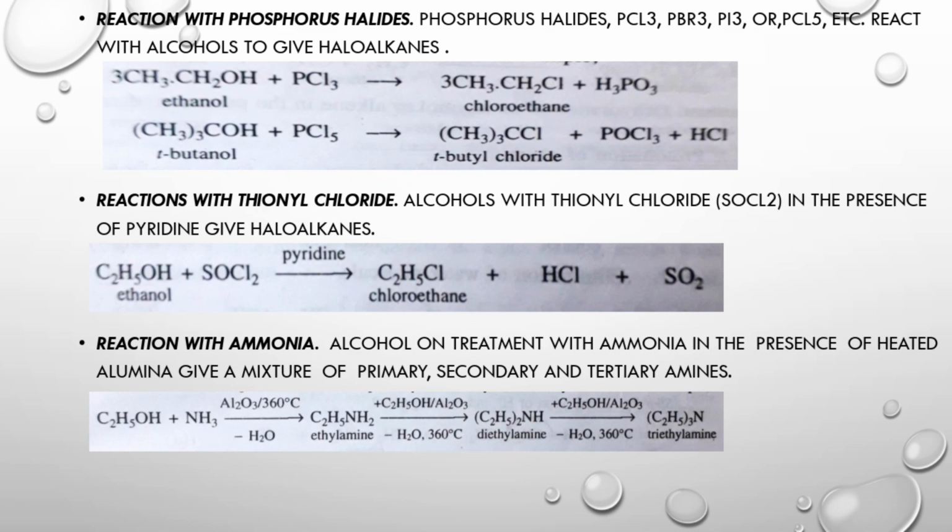We have to remember this reaction and this condition, when one functional group can be converted into another functional group in organic chemistry, a very important reaction here. C2H5OH plus NH3 treated with Al2O3 at 360 degrees Celsius. Ammonia has three hydrogens, one hydrogen combines with the OH group of ethanol and forms water, and it forms ethylamine, C2H5NH2.